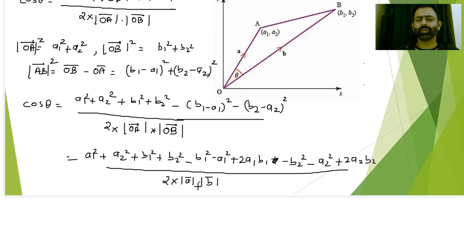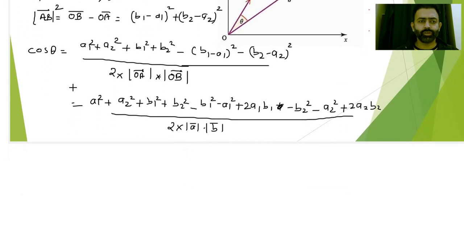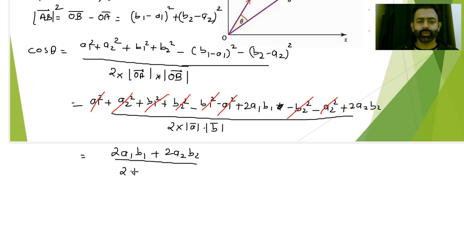I'm not writing OA or OB, just mod a into mod b.